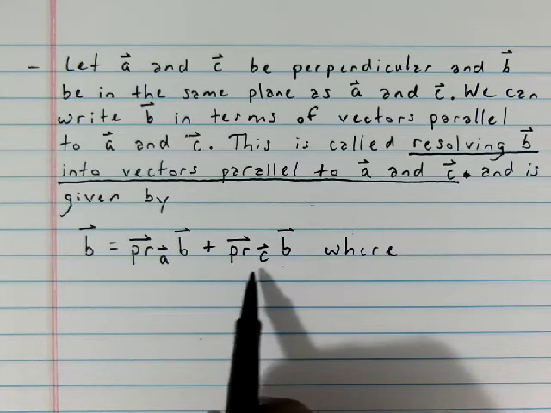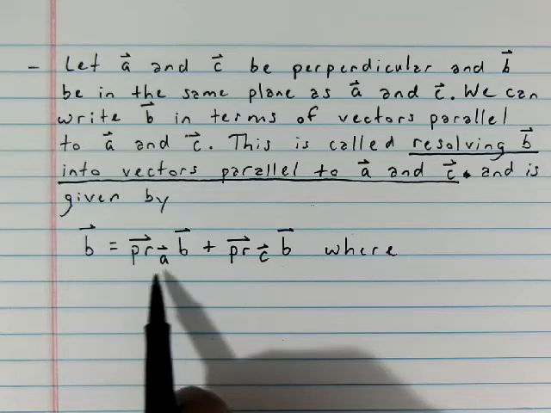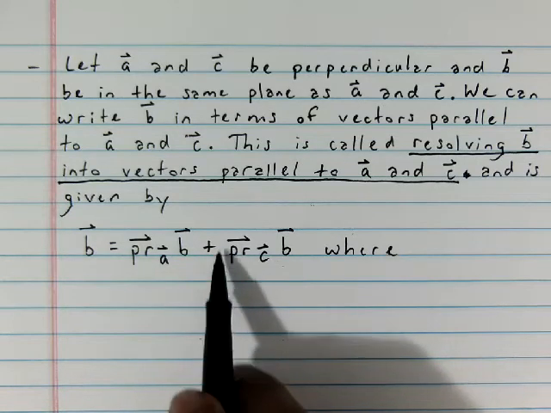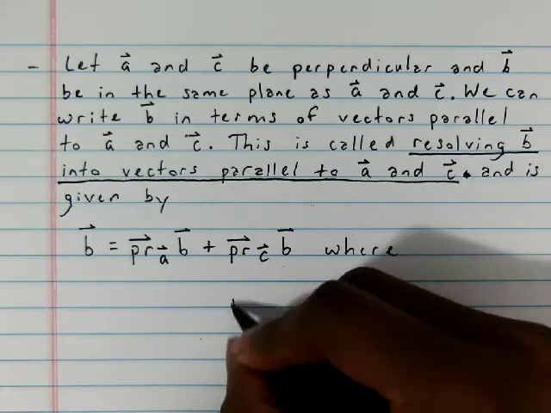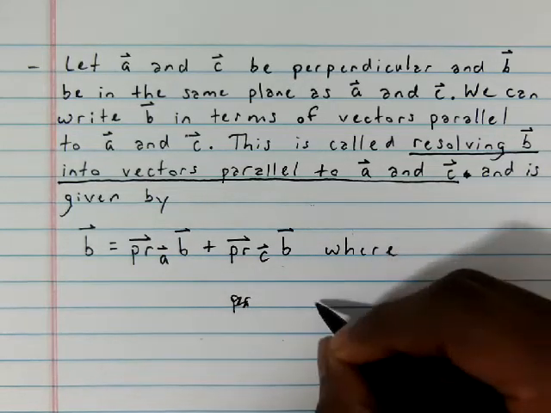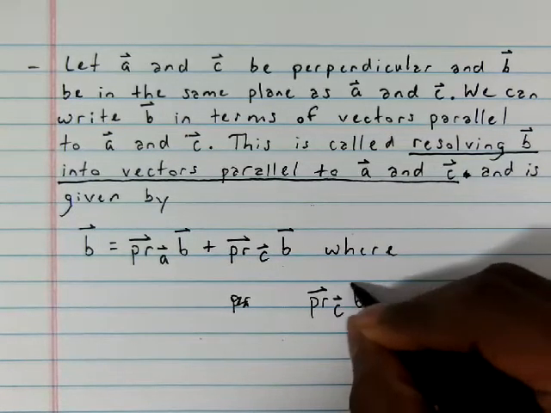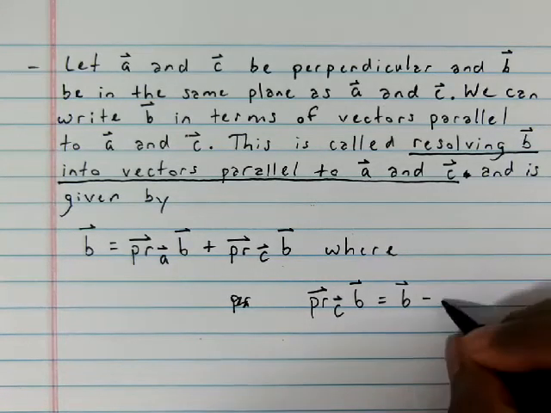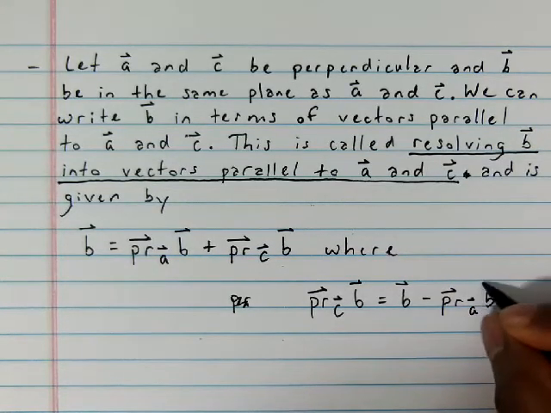But because this formula always holds, we don't need to compute all three of them. Once we compute the projection of b onto a, we can just use algebra to find the other one, by subtracting from both sides. The projection of b onto c is just equal to b minus the projection of b onto a.